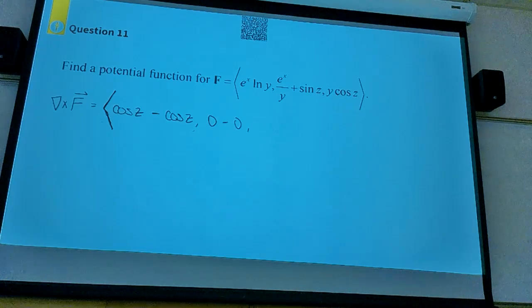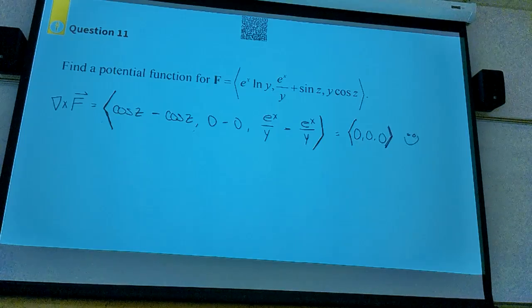Partial x of the y, not partial y. Minus partial y of the x. It's conservative.